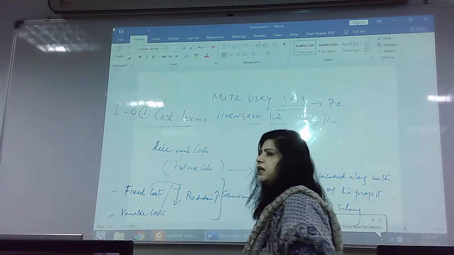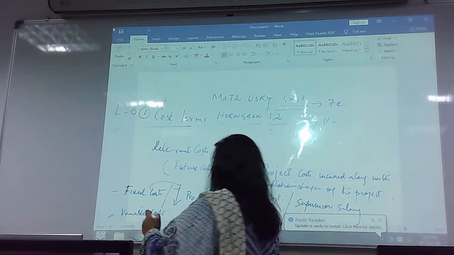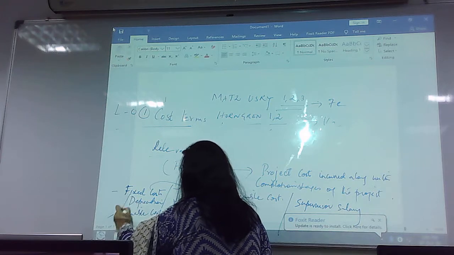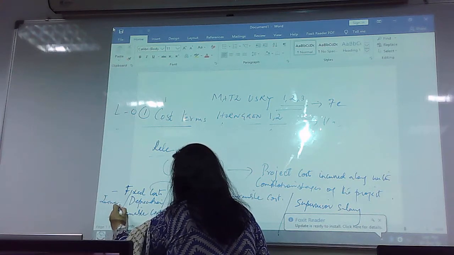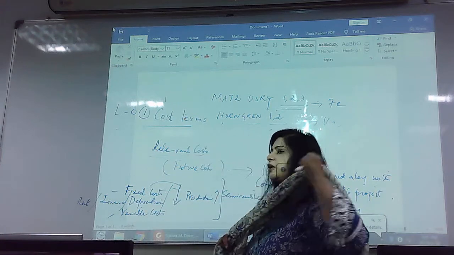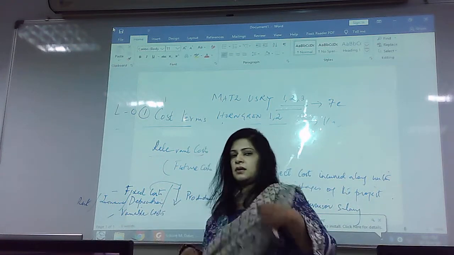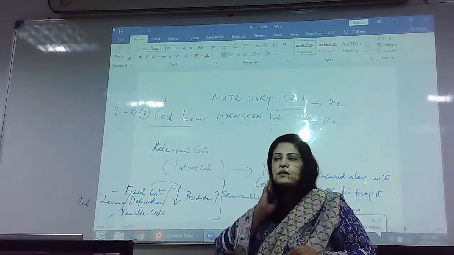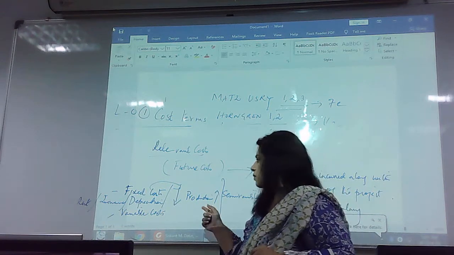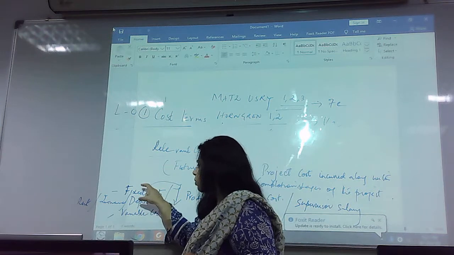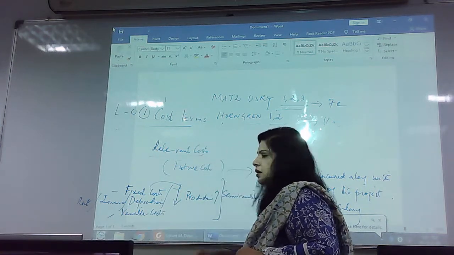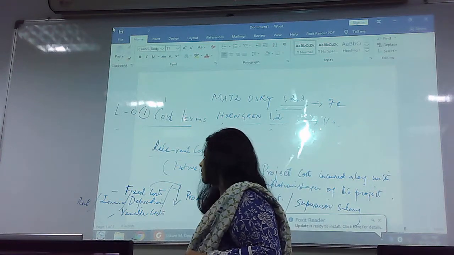Fixed cost could be something which does not change, like depreciation. It could be insurance. It could be rent. Anything which would not affect the productivity, but rather get lowered with the production enhancement. So let me just rephrase that.